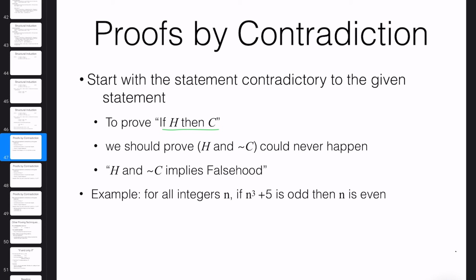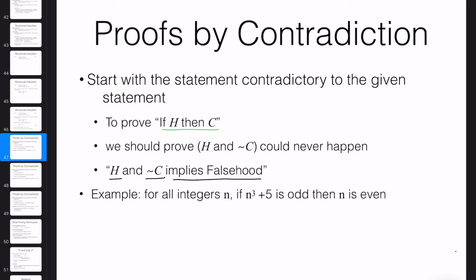And from this, we should reach a contradiction. So if H holds, but C is not true, basically the negation of C is true, it would conclude in a contradiction or imply falsehood.